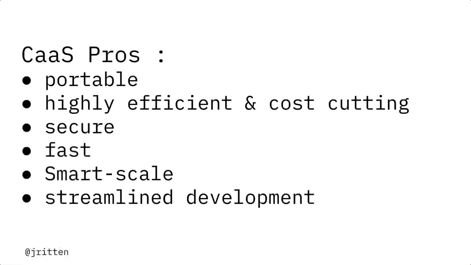So some benefits to containers as a service, deployment model. So it's portable. So when an application is created in a container, the completed application has everything it needs to run, right? So when we have container images, we run them as containers.